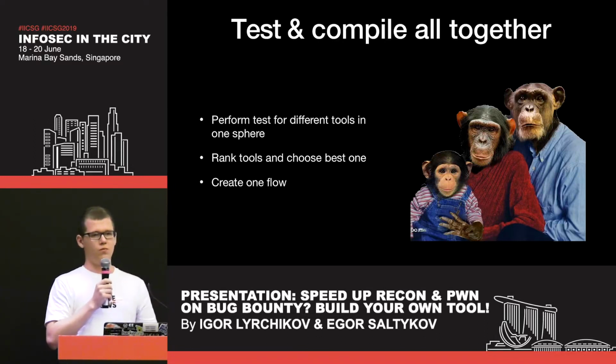For example, to find open redirects on a website, we pick 10 or more tools, spend a whole weekend testing them on different scopes and different assets, domains, APIs, and so on. And after that, we choose the best one. Sometimes it's not one, sometimes it's two or three, and we run them one by one and combine the results.